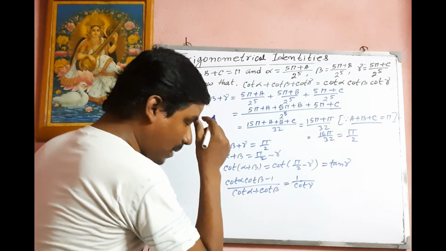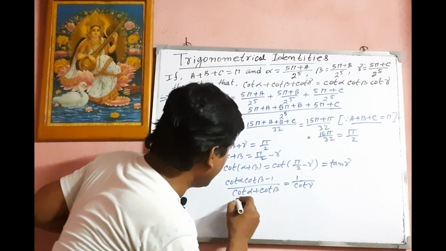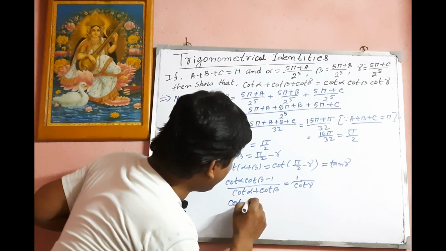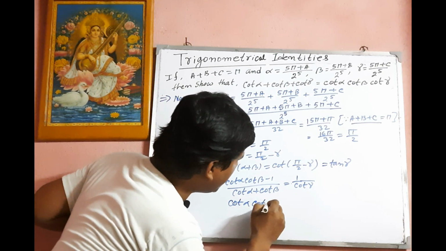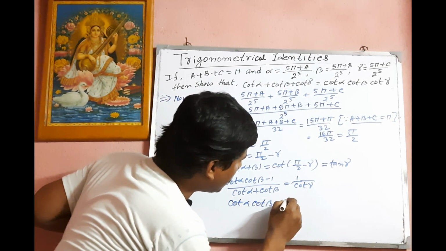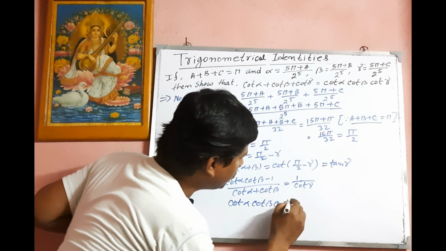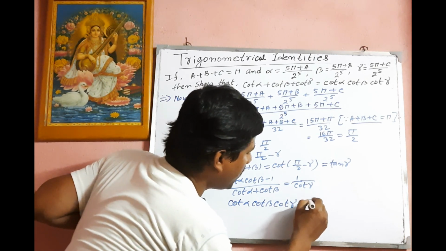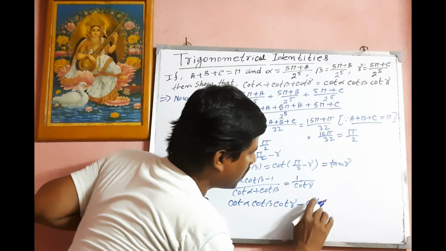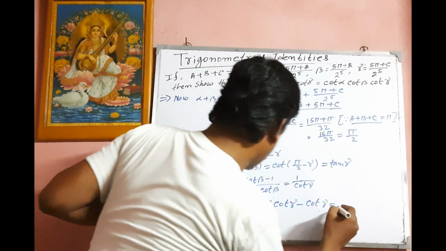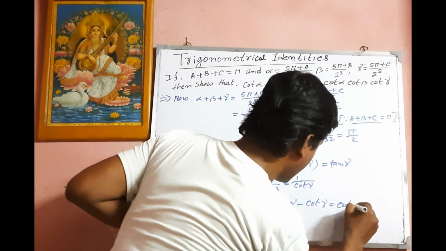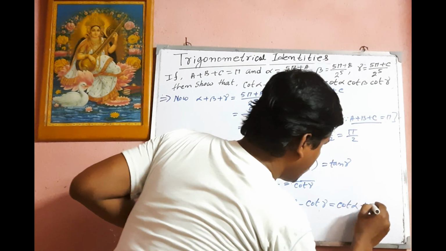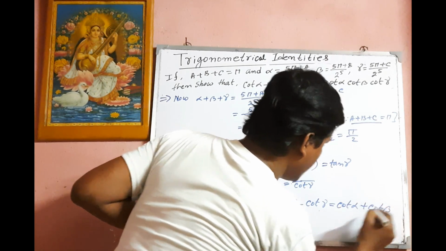So after cross multiplying, we get cot alpha cot beta cot gamma minus cot gamma is equal to cot alpha plus cot beta.